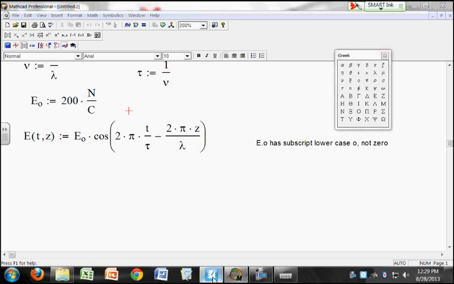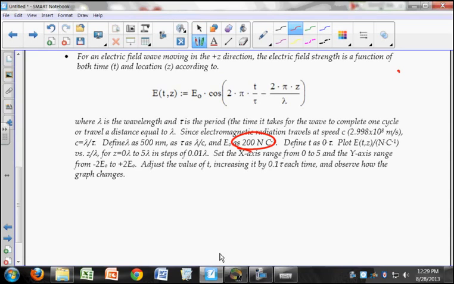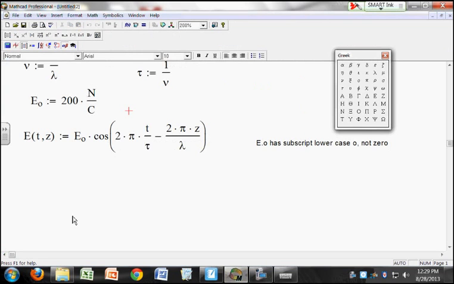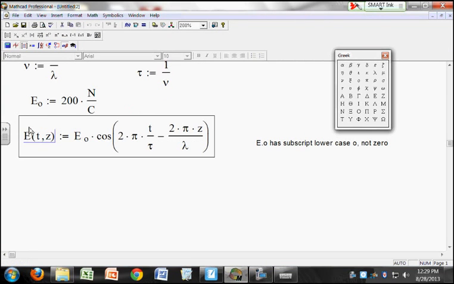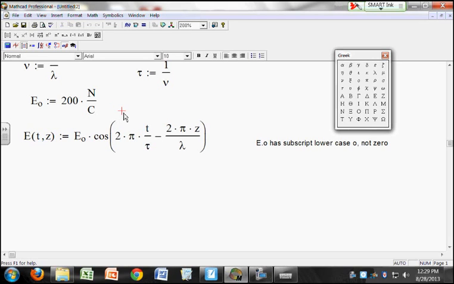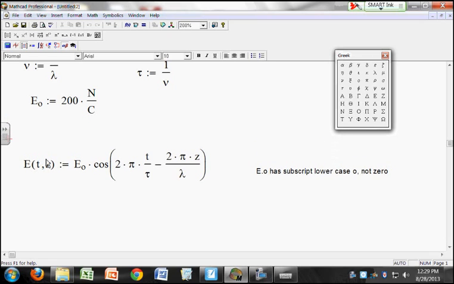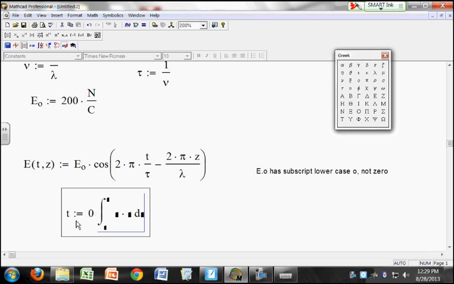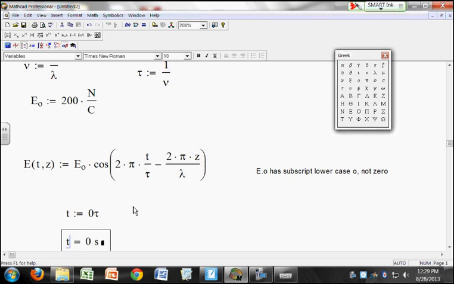So according to the instructions in your handout, we're going to define T as 0 times tau. So T is 0 seconds to begin with.